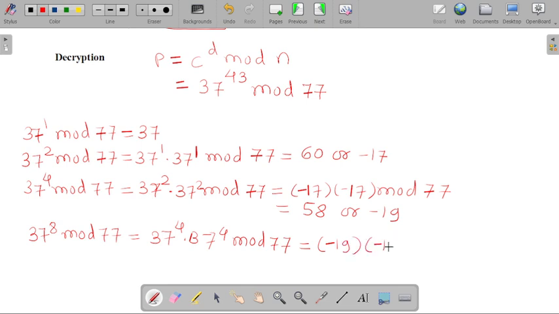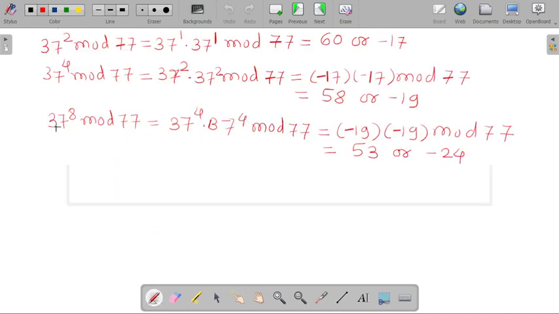So minus 19 into minus 19 mod 77. Whenever we calculate this using the calculator, we get the value 53, or 53 we can write as minus 24, because 53 minus 77 gives minus 24.